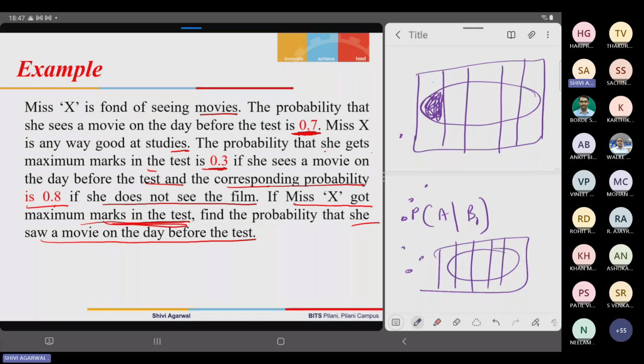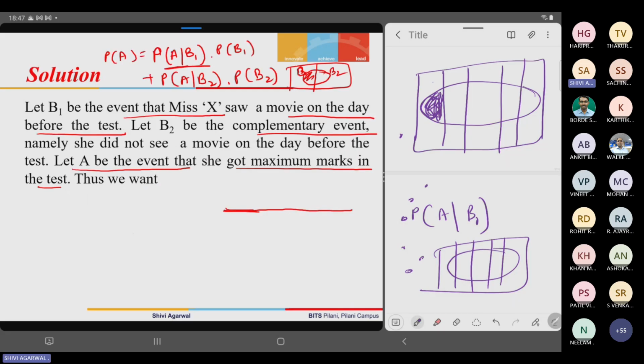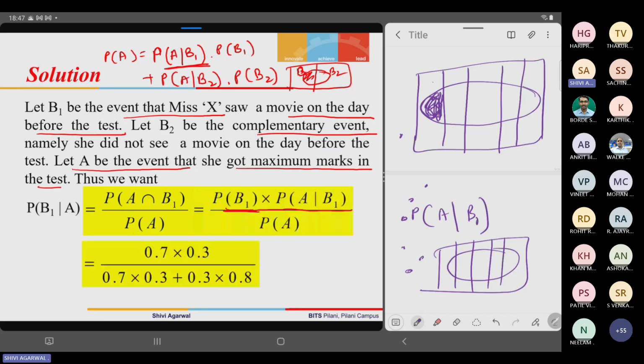And the probability that she gets maximum marks when she saw a movie, A given B1, is 0.3. You can see here it is already mentioned in the slide, 0.7 multiplied by 0.3, plus for B2, 0.3 multiplied by 0.8. So this is the probability of A that is given here.